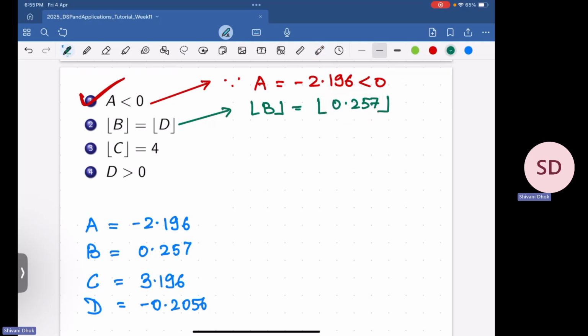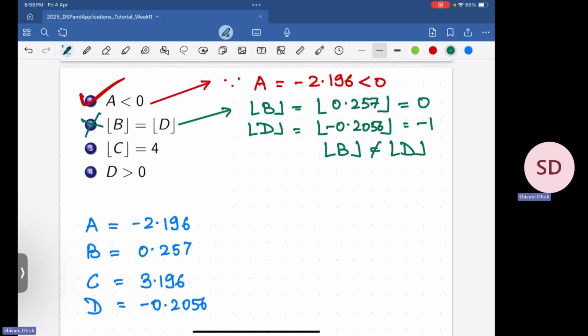That is equal to 0. And similarly, floor of d is equal to floor of minus 0.2056. Now the greatest integer smaller than this value is minus 1, which means this value is not equal to this. So this is not a correct option.